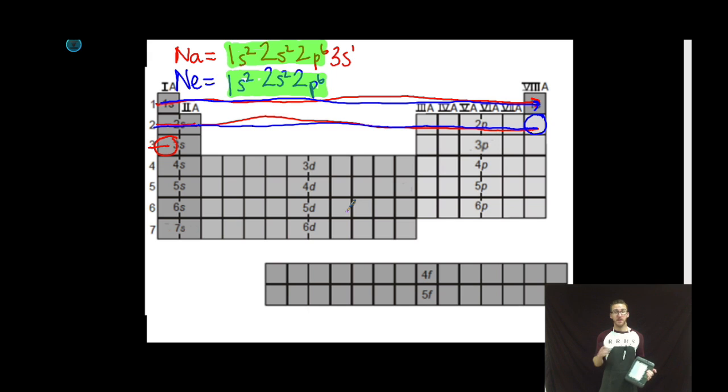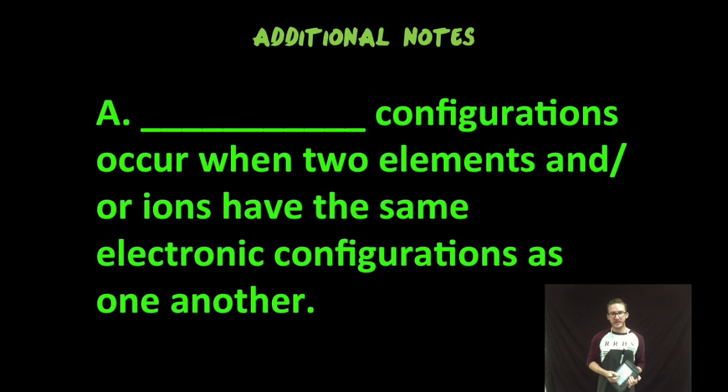And so, to make your life easier, sodium's configuration can also be written by putting the symbol for neon in brackets and then picking up where neon left off. In this case, 3s1. So, these two configurations are equivalent configurations for sodium. Standard configuration, noble gas configuration. Boom!